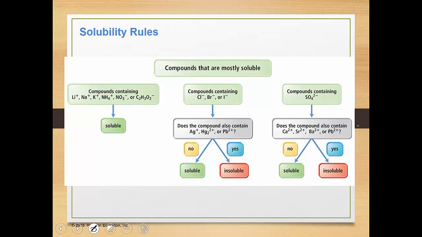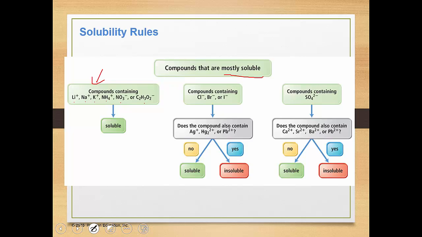So let's start with compounds that tend to be soluble for the most part. When we say mostly soluble, we want to look at things that have a tendency to be soluble. That doesn't mean it mostly dissolves and a little bit's left over necessarily. Let's look at this first block over here. We have compounds that contain lithium ions, sodium ions, potassium ions, ammonium ions, nitrate ions, or acetate ions.